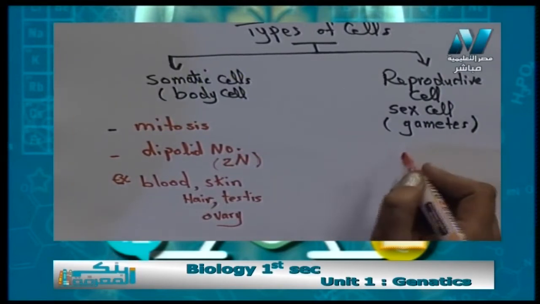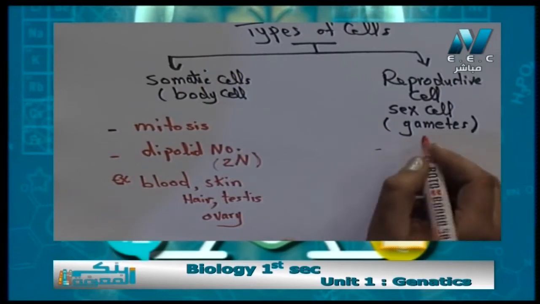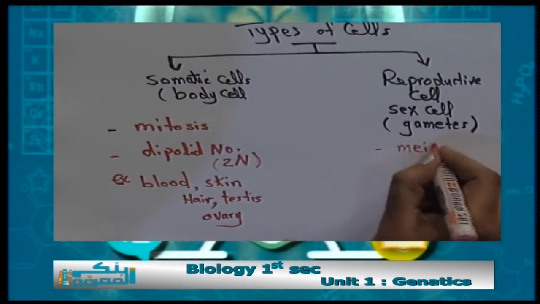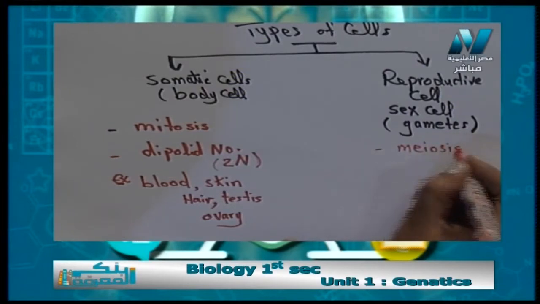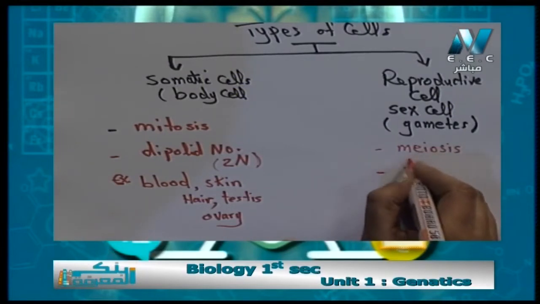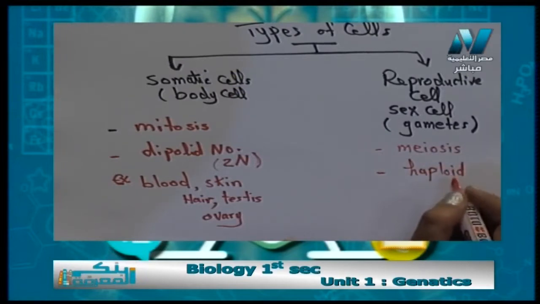What about reproductive cells or gametes? Gametes are produced by meiosis. The number of chromosomes is haploid number. Haploid means half number, n.